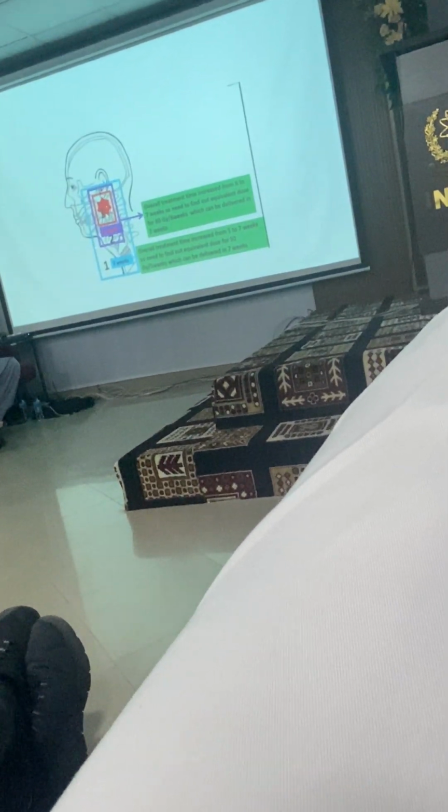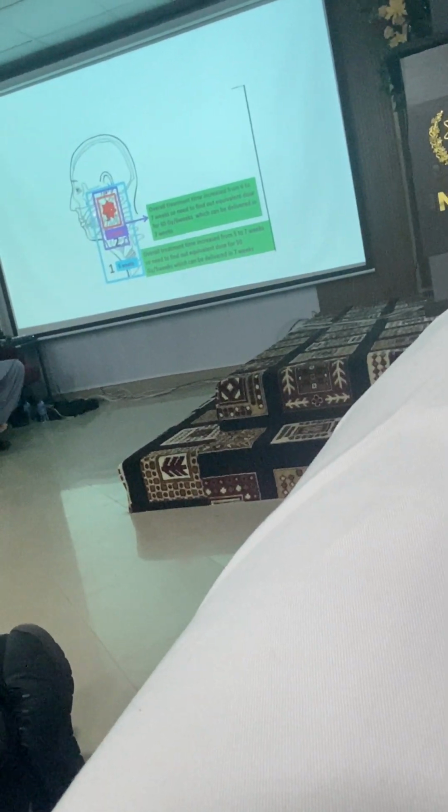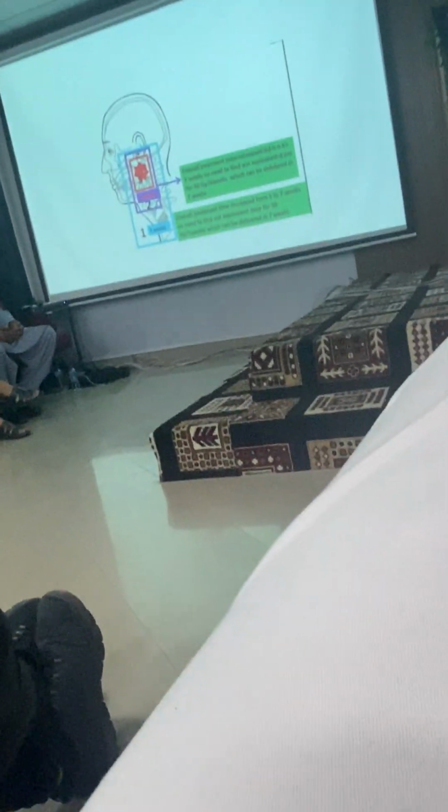Why is that? Again, in the first 5 weeks, we treat all these regions with 50 Gray, and then this region gets 70 Gray in 7 weeks, and this region gets 60 Gray in 6 weeks. So, this first concept we saw at the start, repopulation. In IMRT, this dose has to be increased because these regions get their dose in 7 weeks, so we have to up the dose.